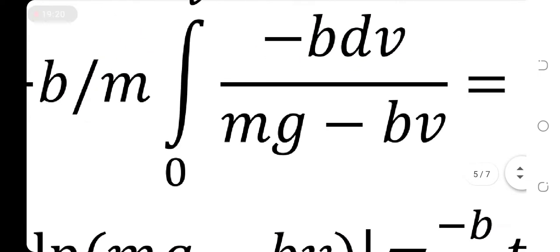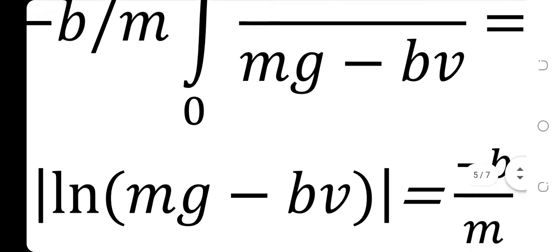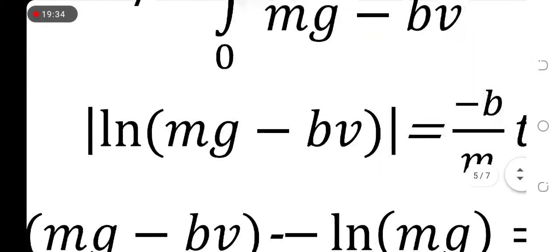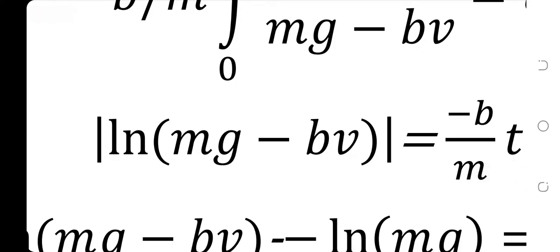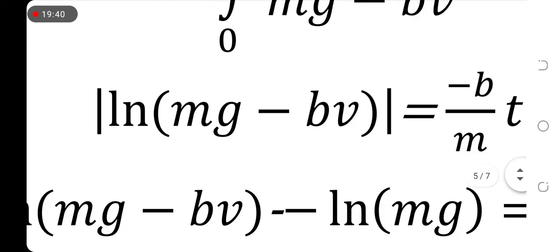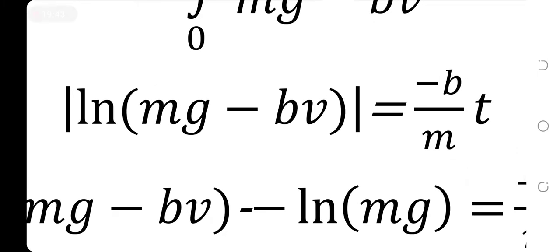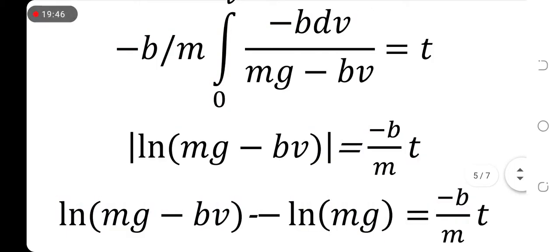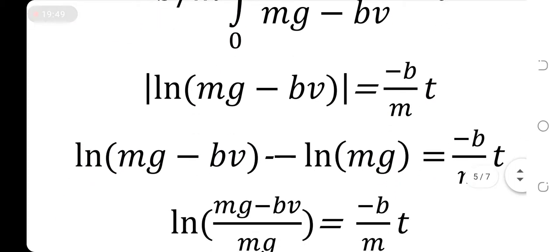And integrating the formula above, as minus b is the coefficient of v, we arrange it for minus b. Taking the limits, upper limit minus lower limit, we have minus b over m into t. For the upper limit, replace v by v, the relation will be the same, and for the lower limit, replace v by 0, the log will be log mg.